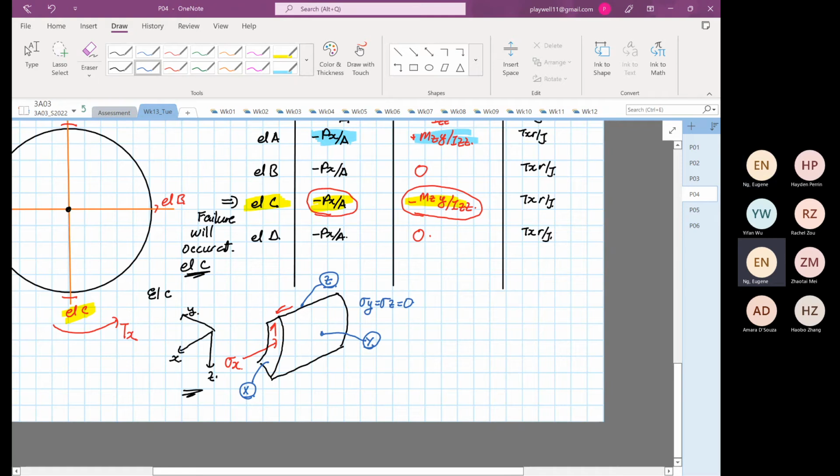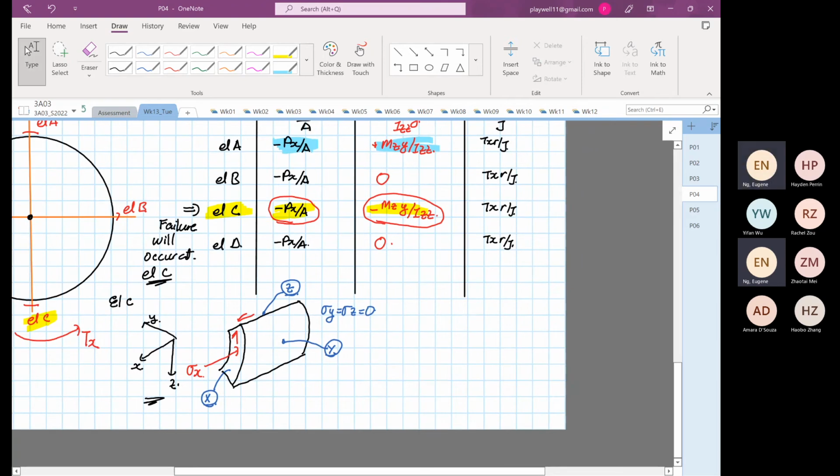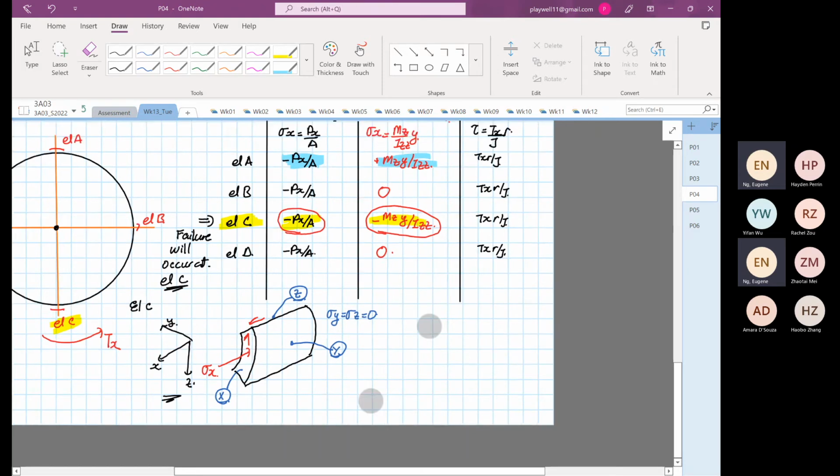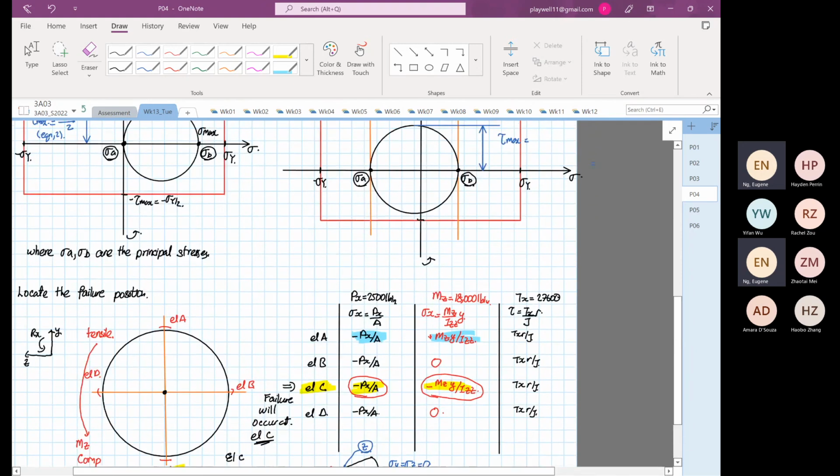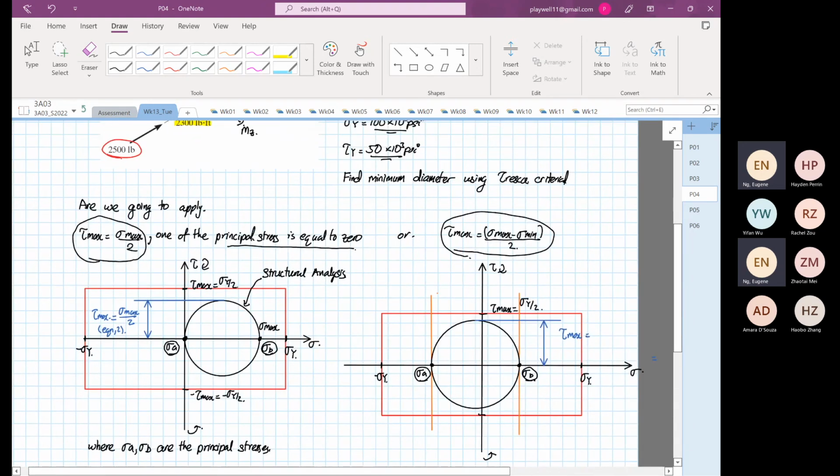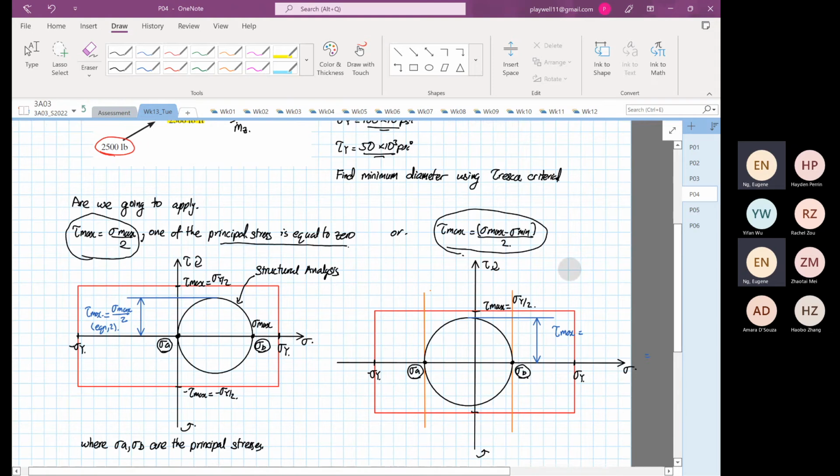And then we are going to sketch the 3D Mohr circle, and I'm going to squeeze into here. Before I go on, this is a sketch of the element. What we are trying to do down here is to see whether we're going to use the left hand side or the right hand side. Tau max is equal to sigma x over 2, or tau max equal to sigma max minus sigma min divided by 2.